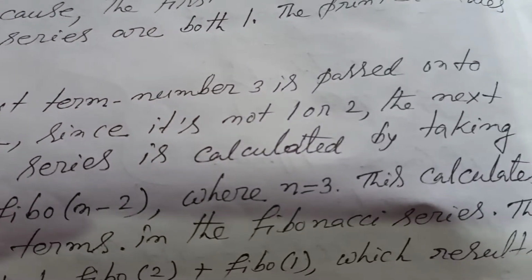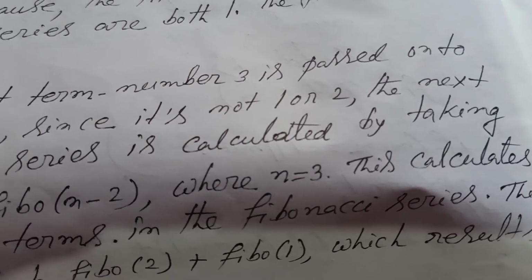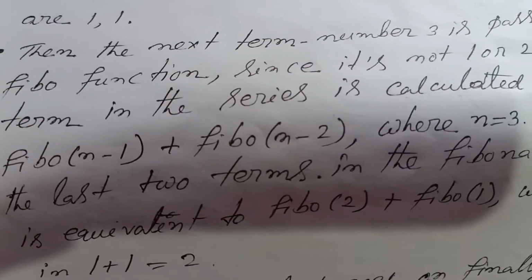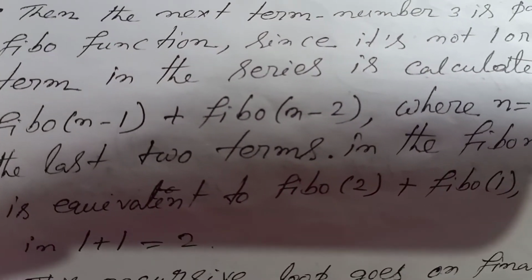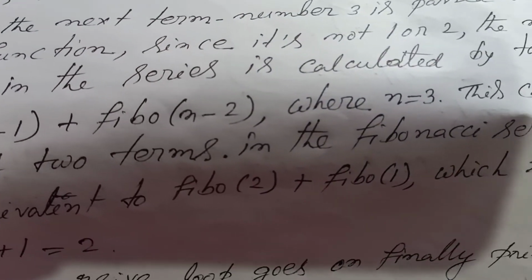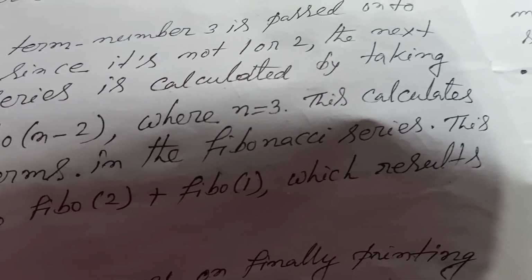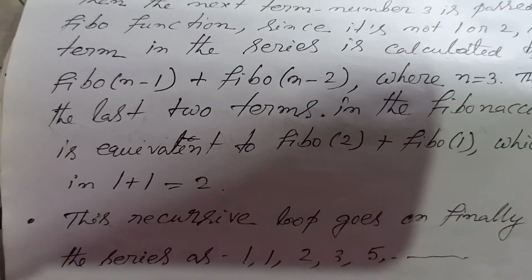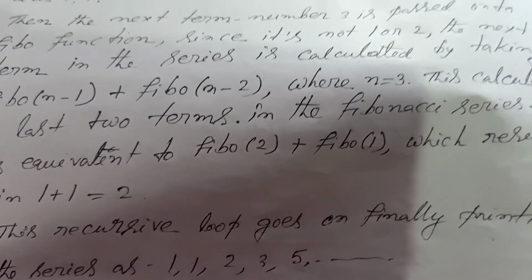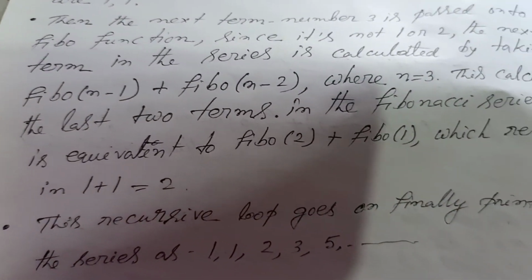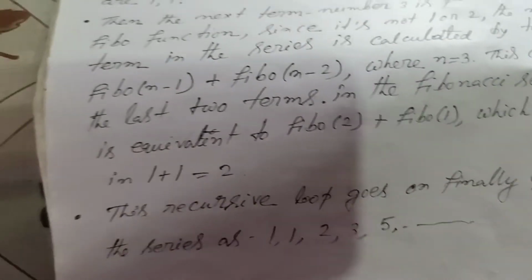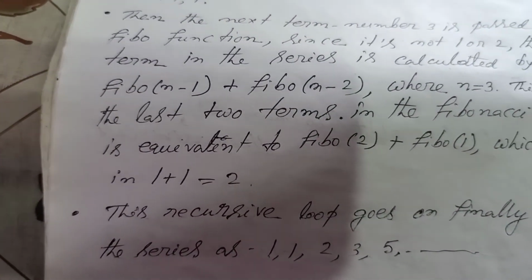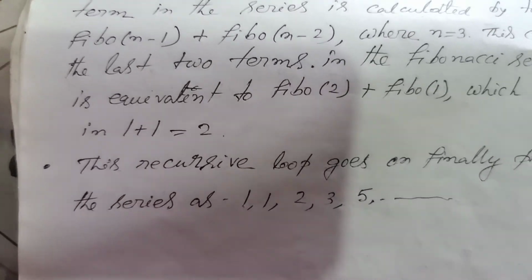Since it's not 1 or 2, the next term in the series is calculated by taking Fibo of n-1 plus Fibo of n-2, where n equals 3. This calculates the last two terms in the Fibonacci series. This is equivalent to Fibo of 2 plus Fibo of 1, which results in 1 plus 1 equals 2.